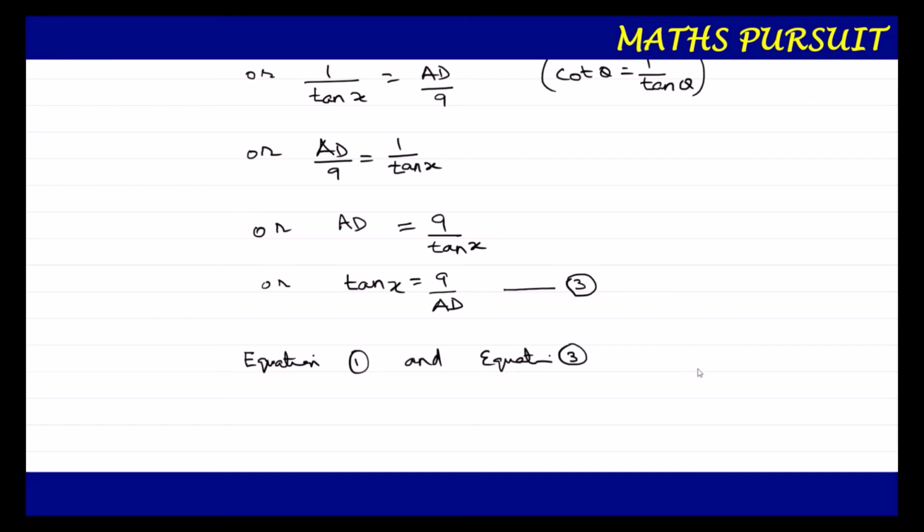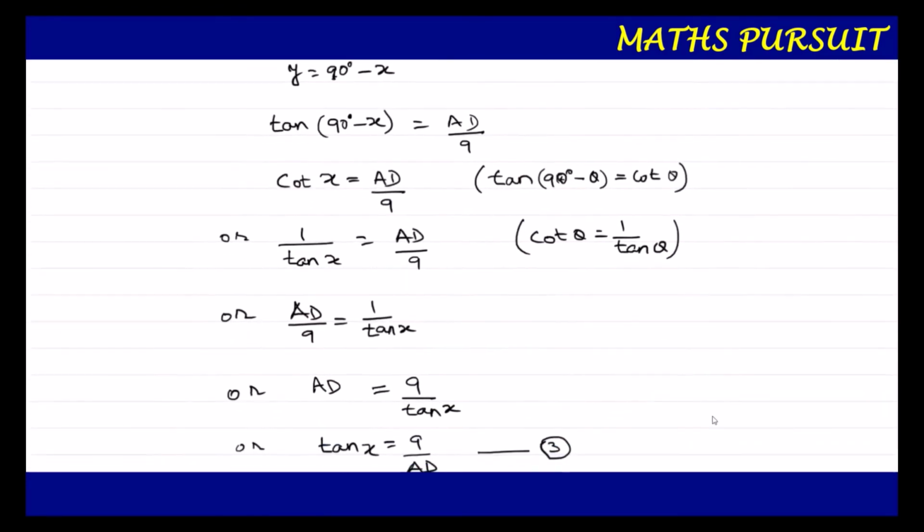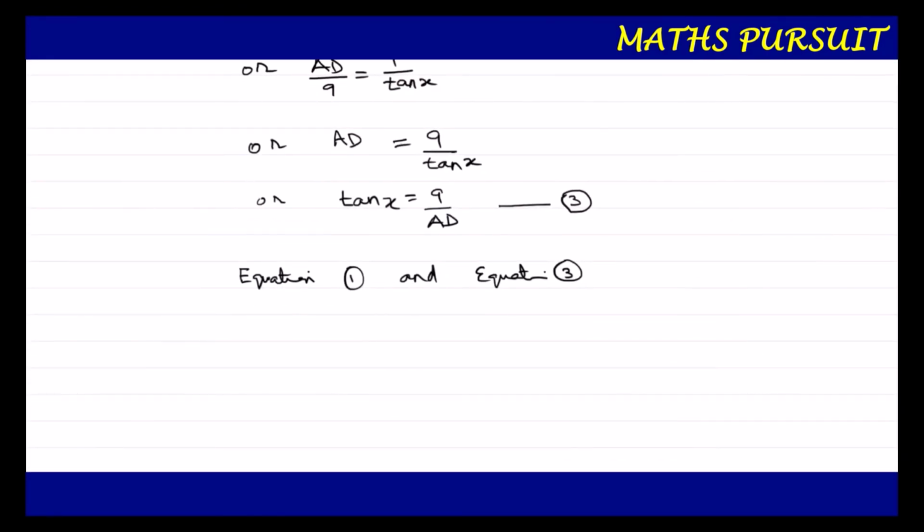Now instead of equation 1 is equal to equation 3, I can write AD upon 4 is equal to 9 upon AD. This AD upon 4 comes from equation 1, and 9 upon AD comes from equation number 3.